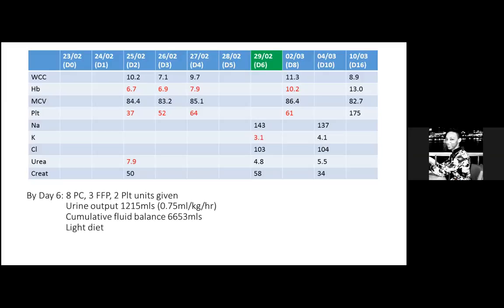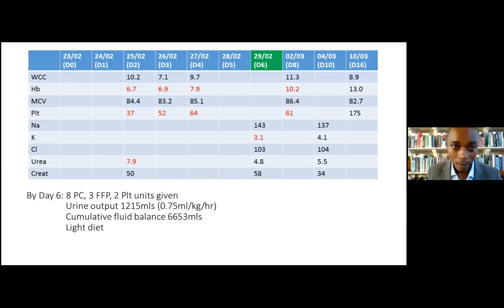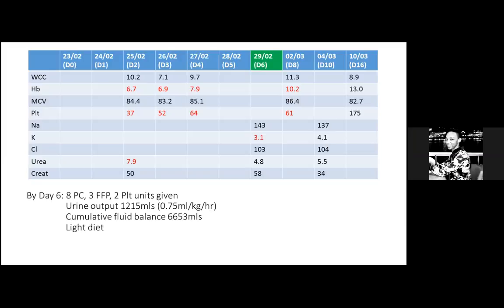All right. So the patient has an initial low platelet count with continued blood loss.